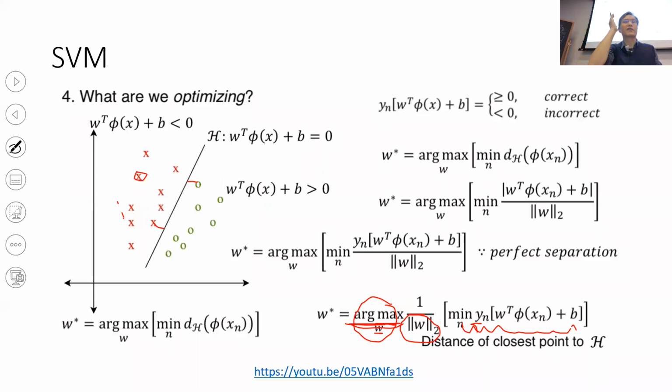You only find those data points nearest to the line, the ones on the boundary, and you try to maximize the distance between these nearest data points and the line you are designing to separate them.